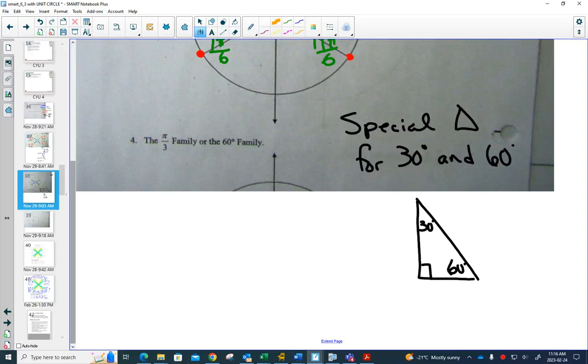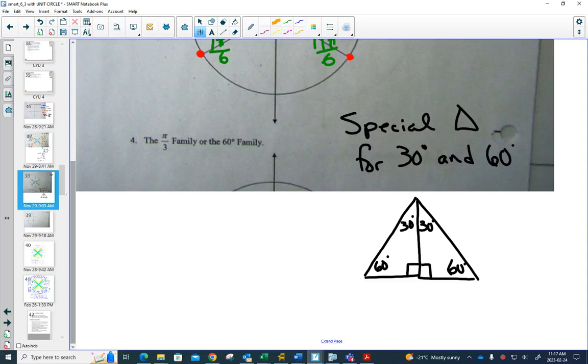So if I draw this other not special triangle right beside it, exactly the same, 90 degrees, this is 30 degrees as well, this is 60 degrees, and when they get together, something special. When you put those two not special triangles together, you end up making a big equilateral triangle.